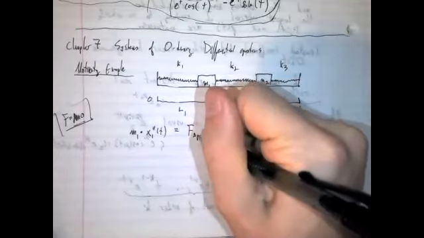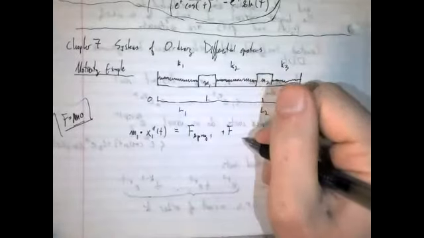And let me just write down a priori the forces that are acting on it. I have a force F from spring 1, and then I have a force F from spring 2.